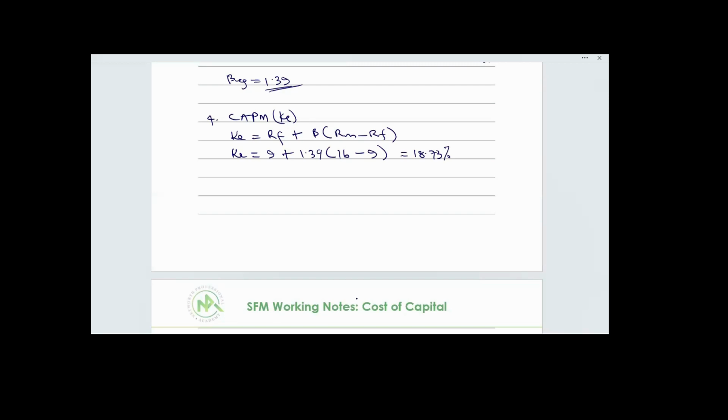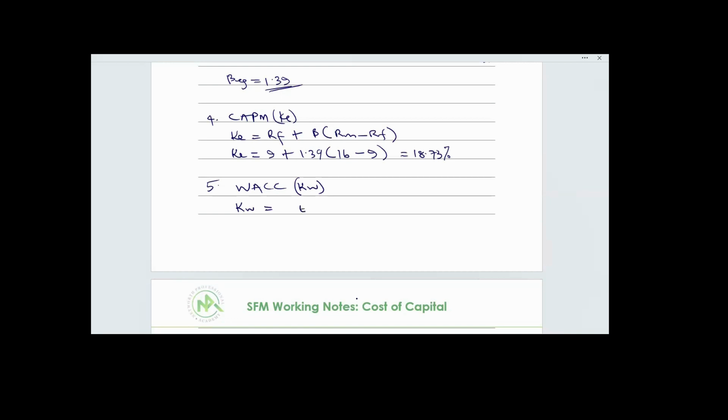All right then. So, step 5, we need to calculate WACC. This represents the project-specific WACC. Therefore, KW equals... It is assumed that under project-specific, the company is financed with both equity and debt.